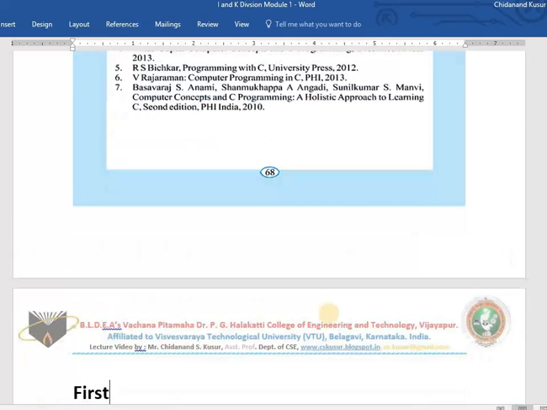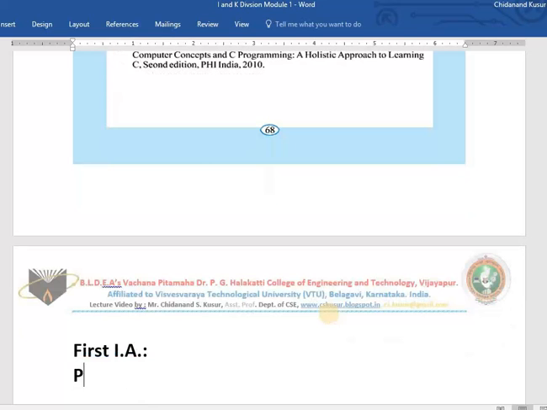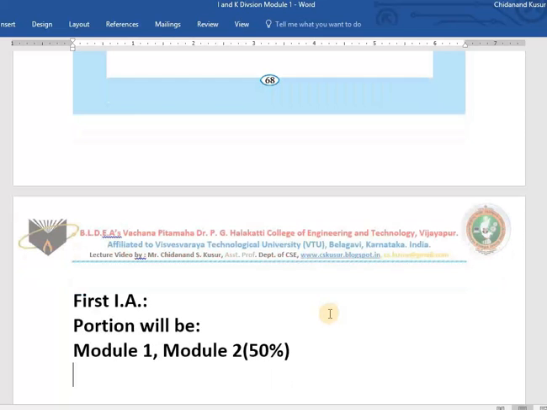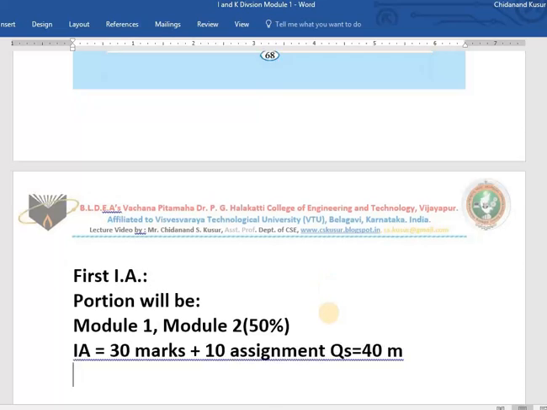First internal: the portion will usually be module 1 and 50% of module 2, and the IA will be conducted for how many marks? 30 marks plus 10 marks for assignment questions, totally 40 marks.